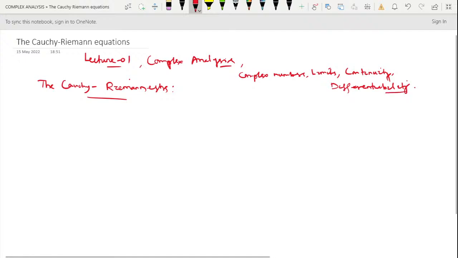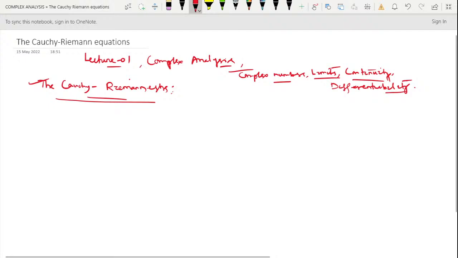After knowing this, or if you know this thing, then you can come to the Cauchy-Riemann equations. I am making sure that you know the basic fundamental things of complex numbers, then limits, continuity and differentiability. So now comes the Cauchy-Riemann equations.